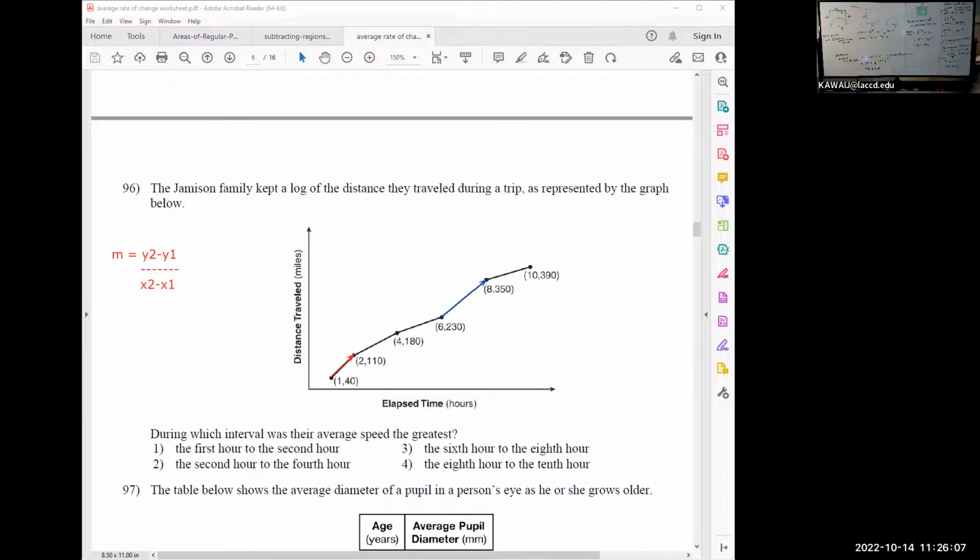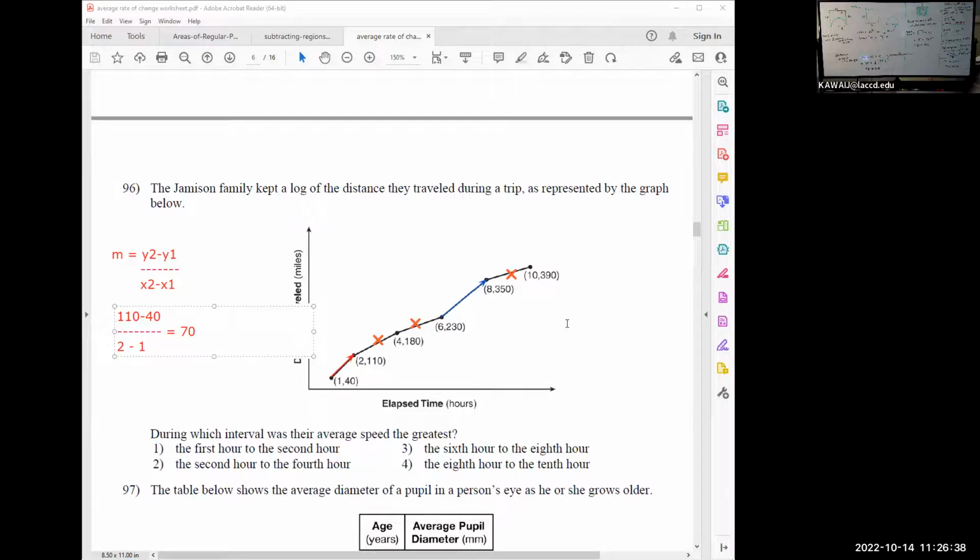But you can kind of say, when I look at this one, I know it's not this one, and I know it's not that one, because they look too flat. So if I just look at this red one, I go 110 minus 40, divided by 2 minus 1, I get 70.